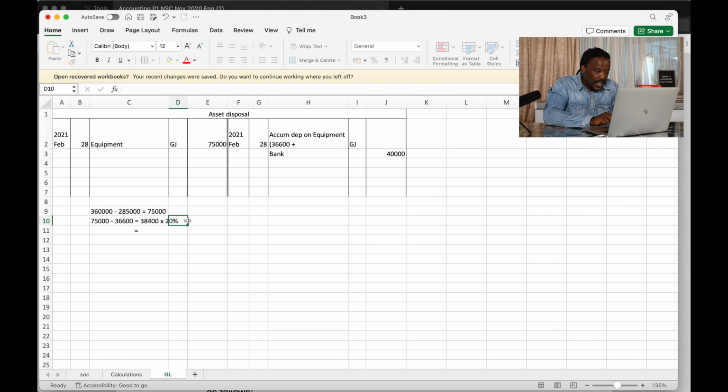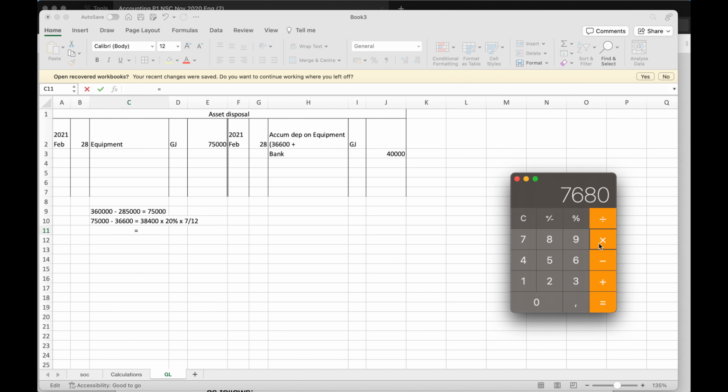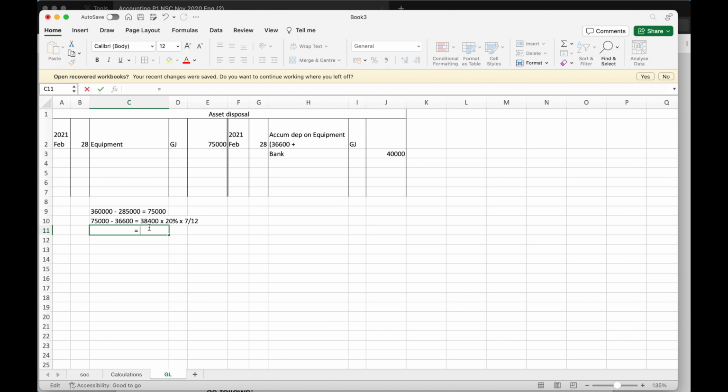And out of that 20%, again it is until the date, because this asset now is not for 12 months. Until the asset was disposed of, it was used for March, April, May, June, July, August, September. Not October, because it's the first day of the month. So multiplied by 7 divided by 12, and then it is 4,480.